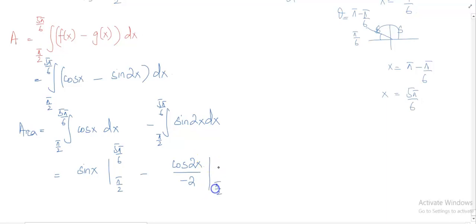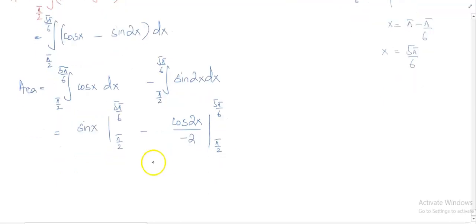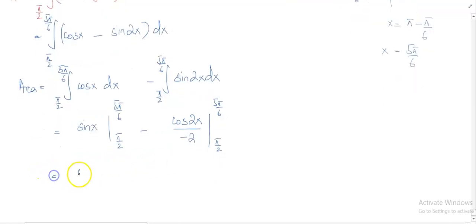So I have pi over 2 and it goes until 5 pi by 6, right? So now I'll just substitute the values inside this angle. So this becomes sine of 5 pi by 6 minus sine of the angle pi over 2, and then I'll do the negative sign.